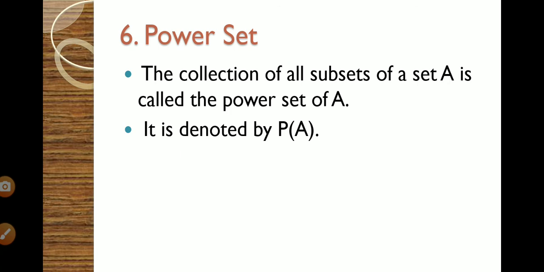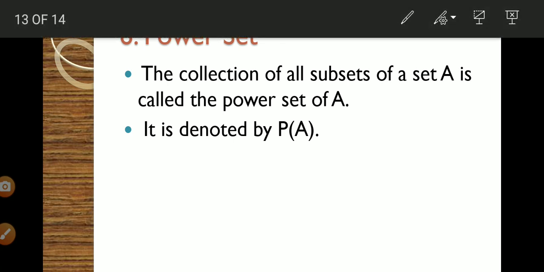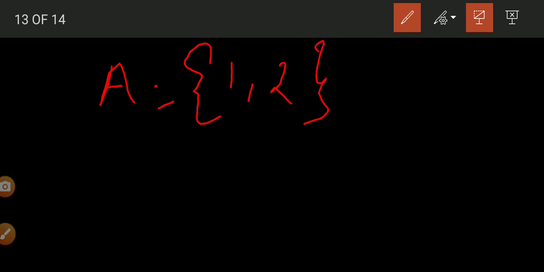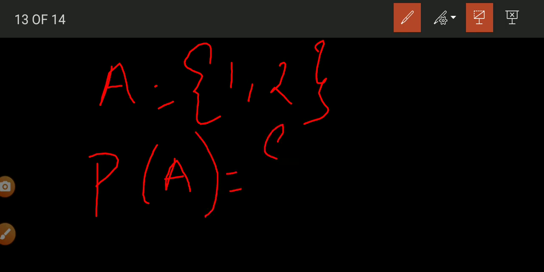Next, moving on to the power set. It is the collection of all subsets of a set A, and it is denoted by P of A. If I take the example A equals 1, 2, how will you write the power set? The power set also includes the null set, which is denoted by this symbol.